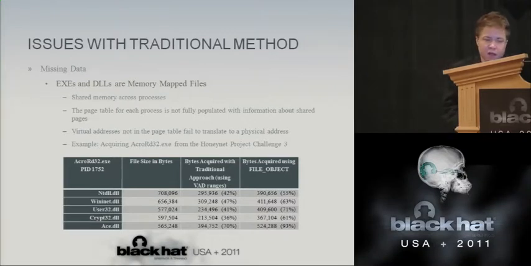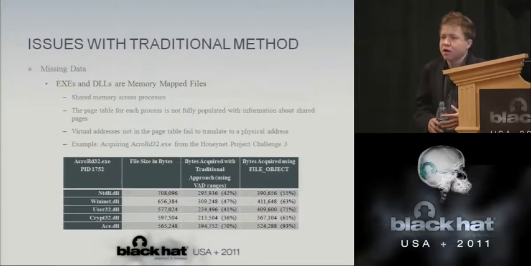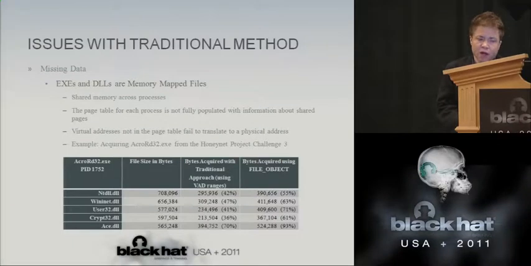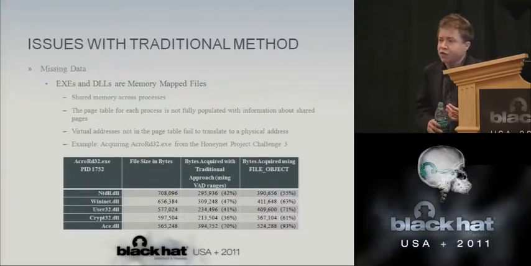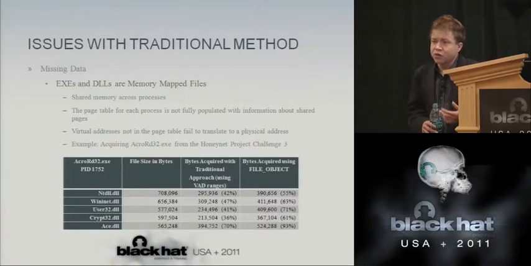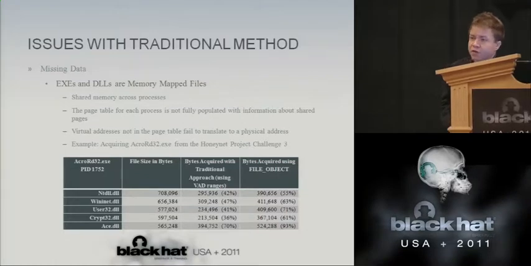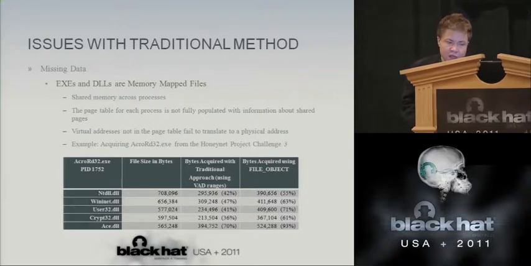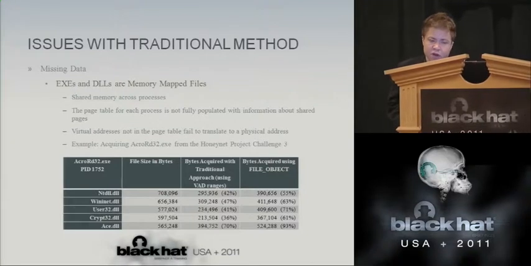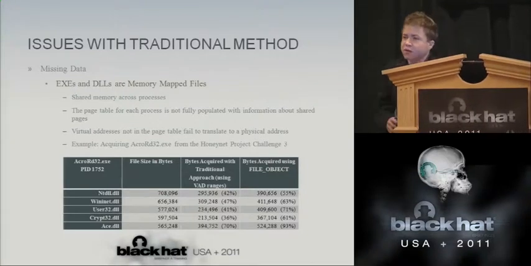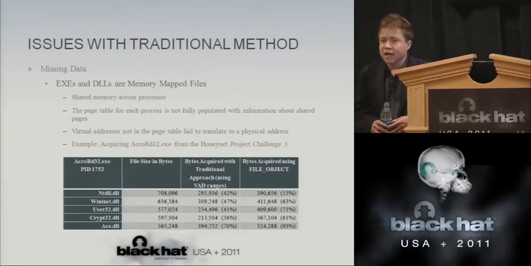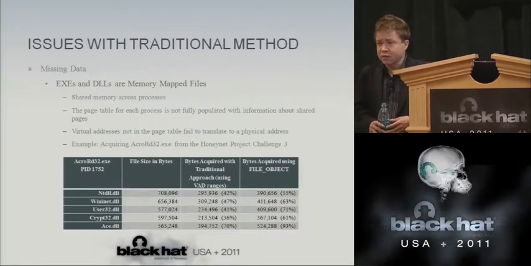The column file size in bytes is how large these files would be on the file system. Then the bytes that were acquired with the traditional approach of just using the ranges and the page tables in order to do the translation. You'll see how much of the file we could recover from the image. In the case of NTDLL, for instance, 42% of that file was in memory and translatable using the traditional methods.